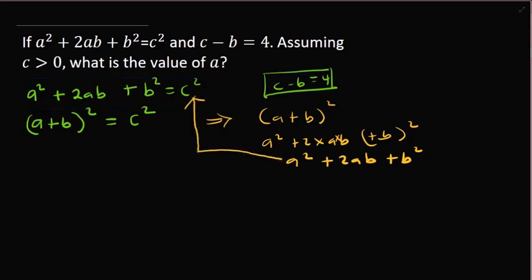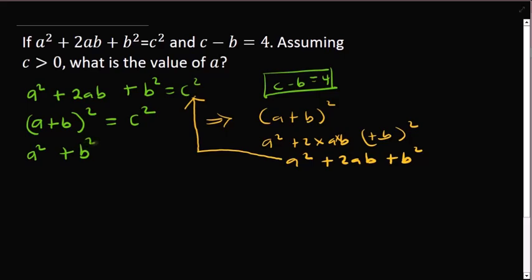So let's go ahead and continue. From this very point, we can say a squared plus b squared is equal to c squared. Now this is also related to the first rule, which is talking about difference of squares. But now I'm not talking about difference of squares, I'm talking about addition or sum of squares.